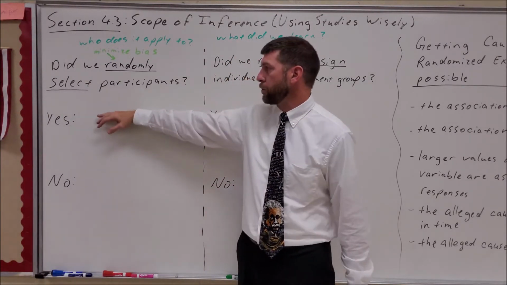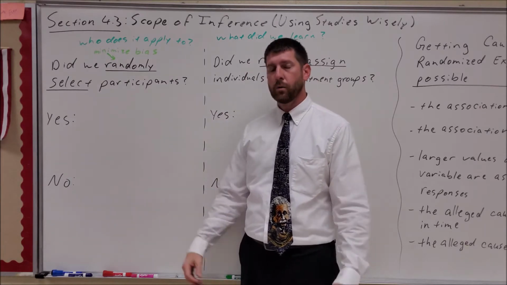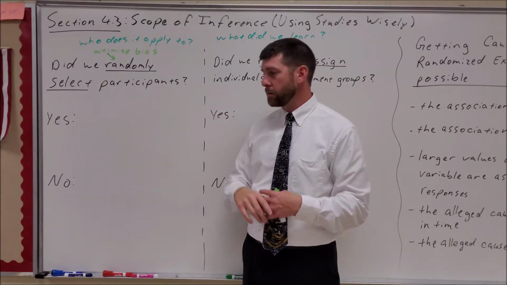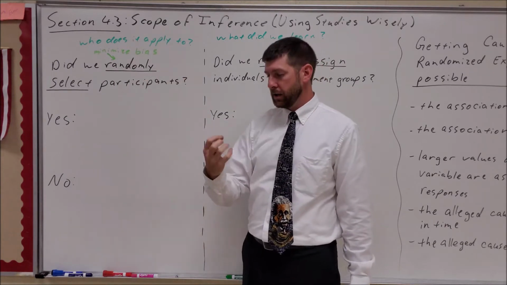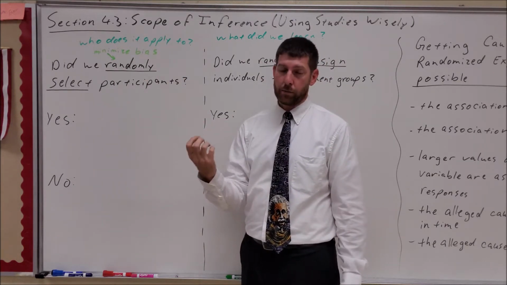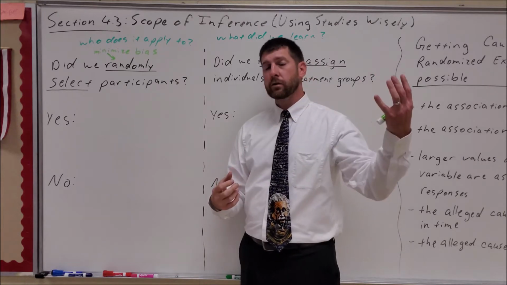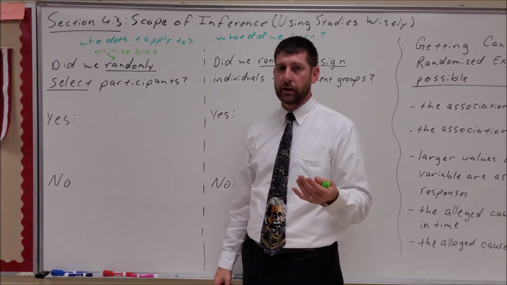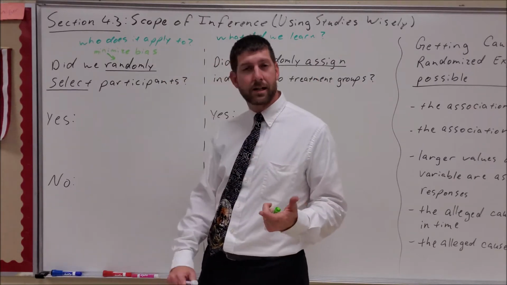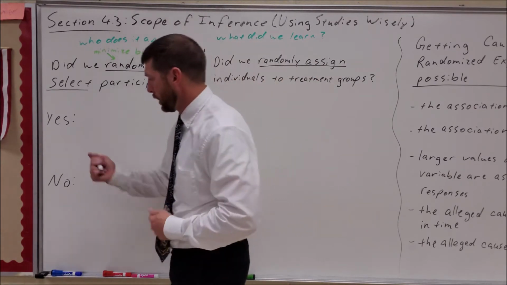So if we randomly selected individuals, we've minimized bias, we've used some random technique. What we've done is created a group of people, a sample, that looks like the population. Well, what do we call it when we have a group that looks like our population? A representative sample. It represents the population.